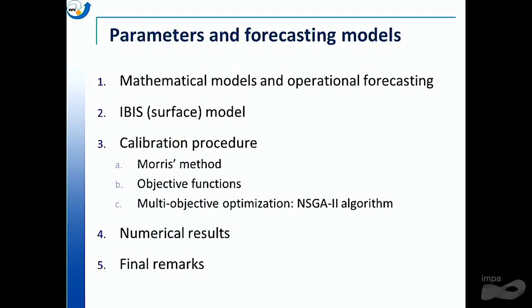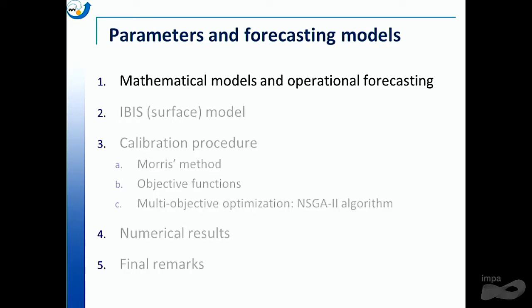And then the idea is to describe some procedure to identify parameters inside of this model using multi-objective methods. And I try to describe some objective functions and justify why I'm going to use more than one objective function. And finally, how can I solve this? Well, one method is based on a genetic algorithm for multi-objective problems. And finally, some numerical results and my conclusion remarks.